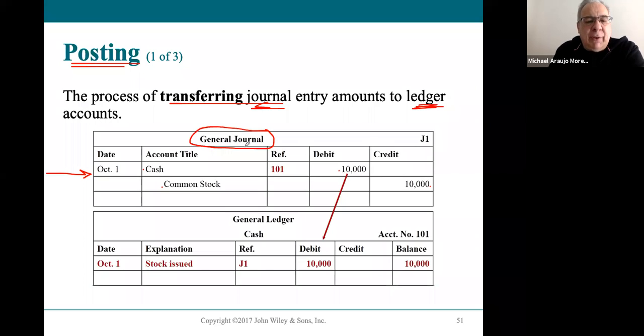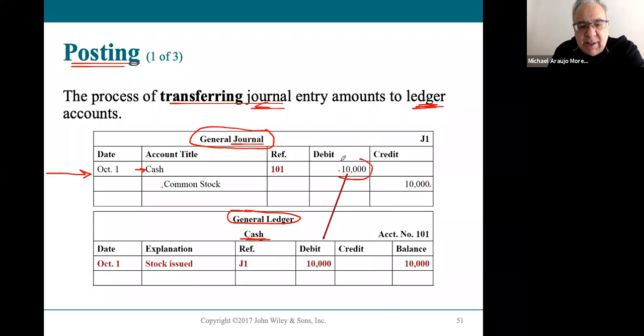Okay. Well, now that the journal entry is done, what happens to these numbers? Well, they would be posted to their individual areas in the ledger. So when you open a ledger, the first account would be the cash account. So clearly, any journal entry that affects cash, whether it's being debited or credited, would need to be transferred into its account in the ledger.